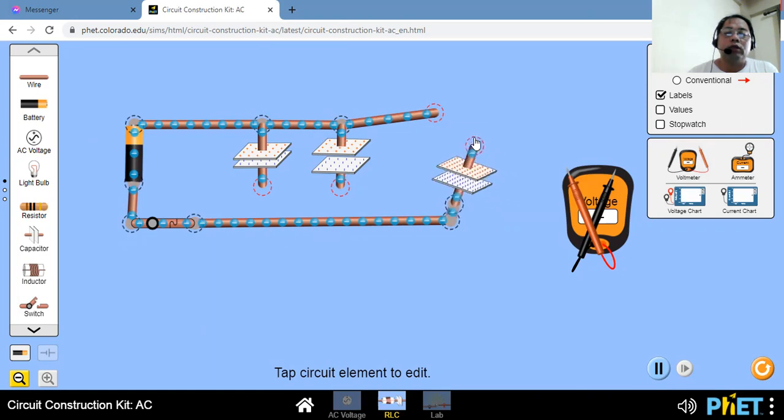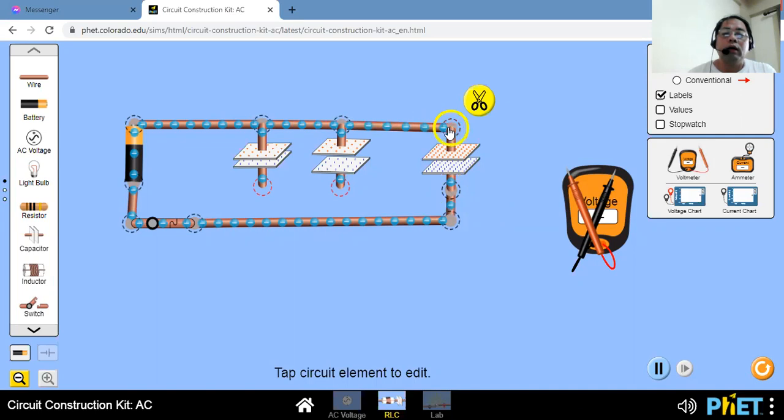So you can detach your series connected capacitances and then use the scissor. You can click any connection or node, and then you can cut it by clicking this yellow part. So again, to do that, click this end and then detach. And then therefore you can now rotate.